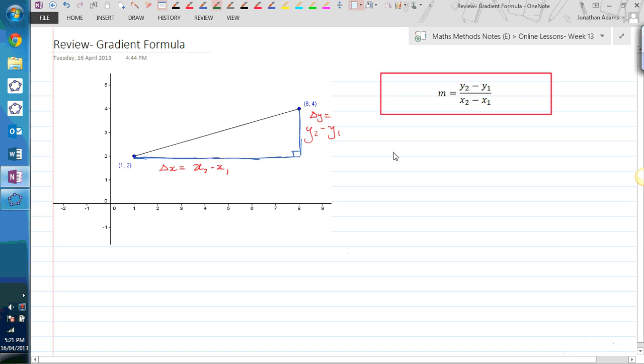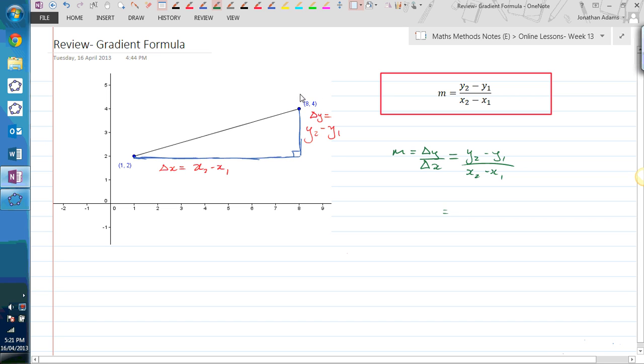So to calculate the gradient of this line, we look at the ratios of rise and run, ratios of change in y and change in x. Change in y, delta y, is y2 minus y1. Delta x is x2 minus x1.